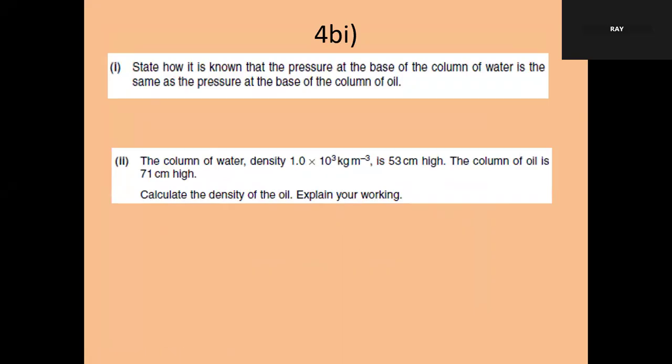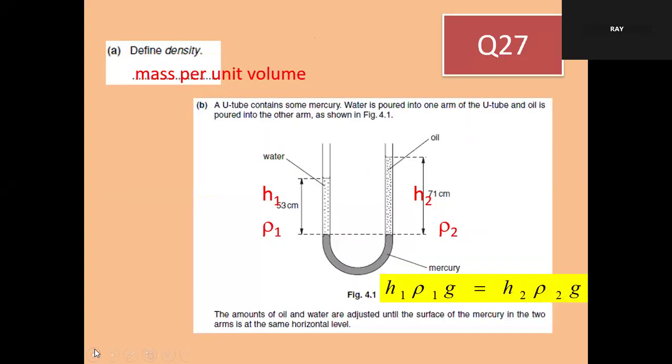State how it is known that pressure at the base of a column of water is the same as the pressure at the base of a column of oil. Same depth.